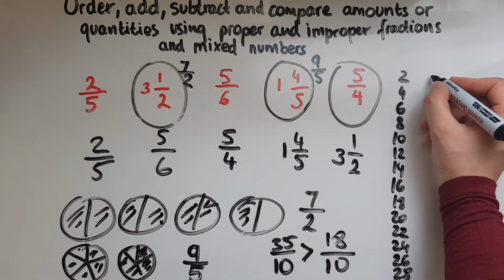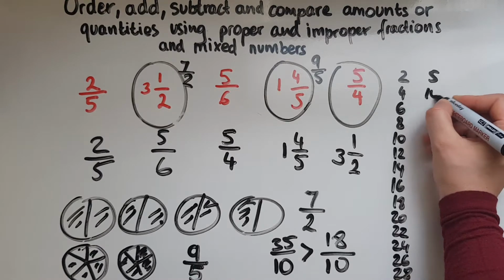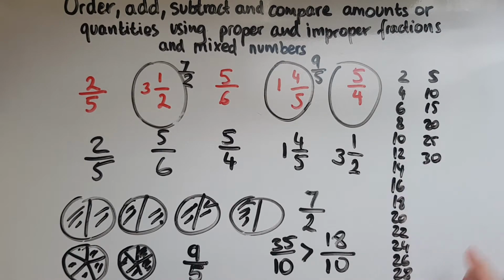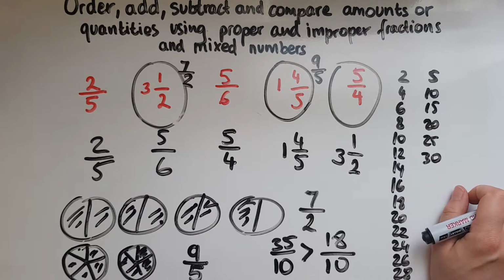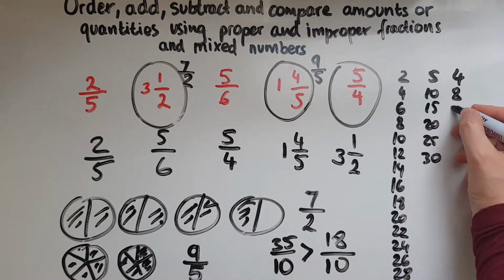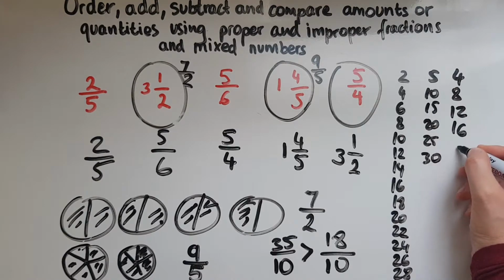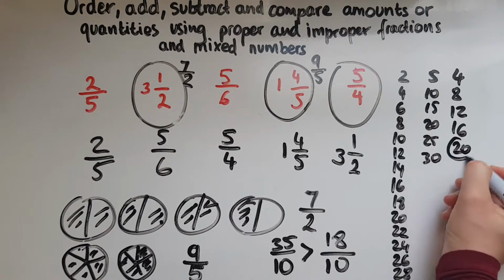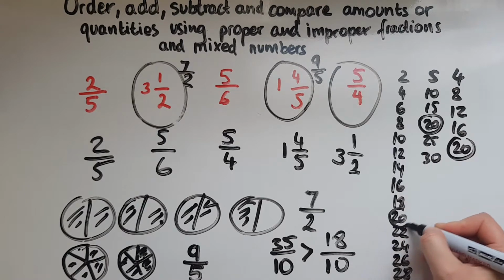And the multiples of 5, so 5, 10, 15, 20, 25, 30, bringing it to the same point. And multiples of 4, so 4, 8, 12, 16, 20. I don't need to go any further because I can see that 20 is appearing in all three of them.